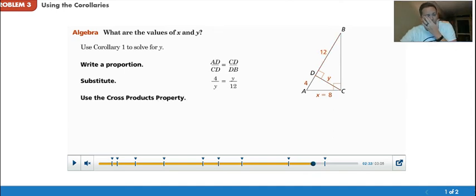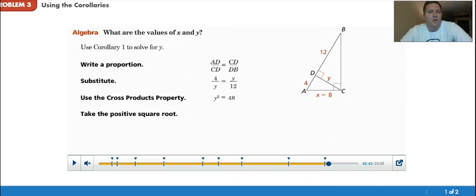So I get 4 over y equals y over 12. I'm going to do cross products, which y times y is y squared. 4 times 12 is going to give me 48. Again, I want to know just what y is, not y squared, so I need to take the square root. 48 is not a perfect square, so I need to simplify.